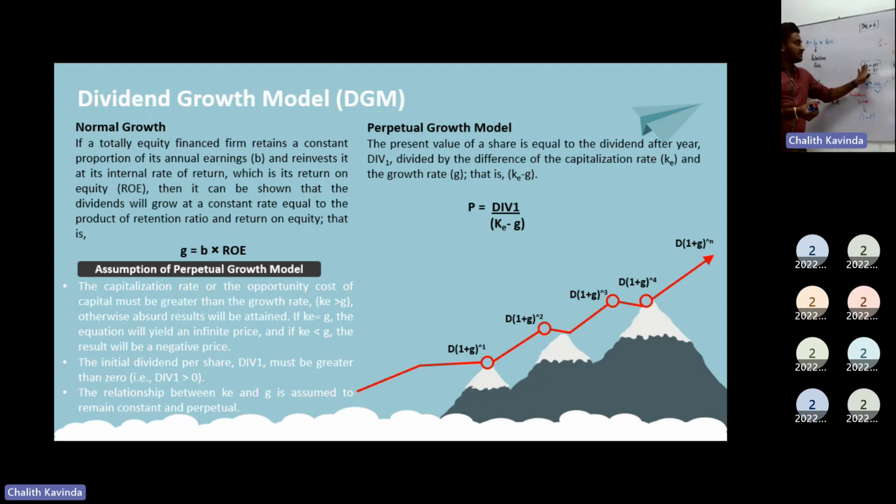One share price is infinity, another's is minus 200. It's not practical. So the first assumption is that cost of equity must be greater than the growth rate of the company.